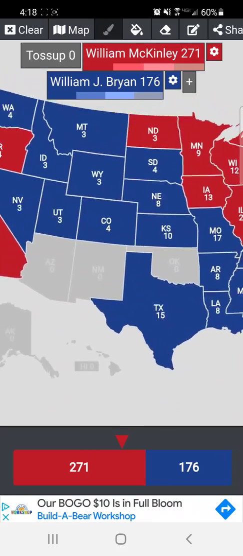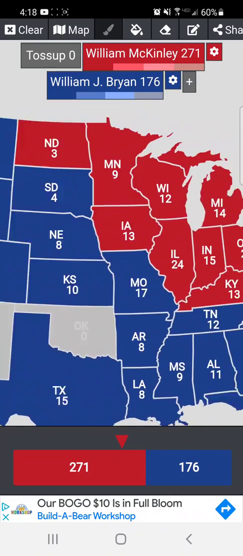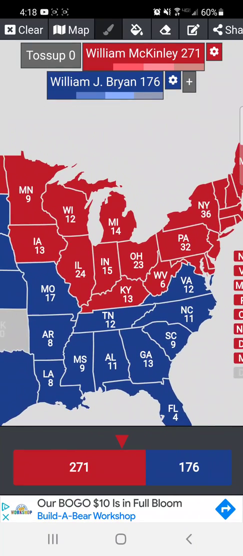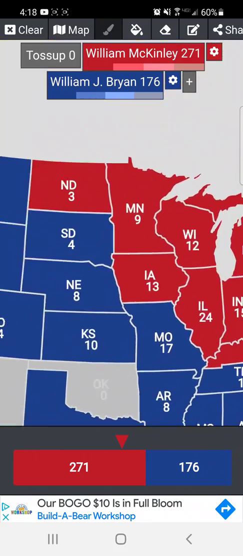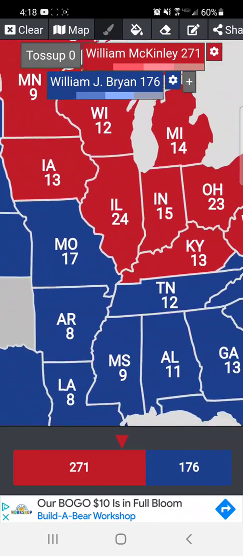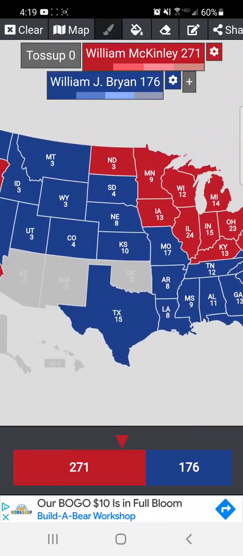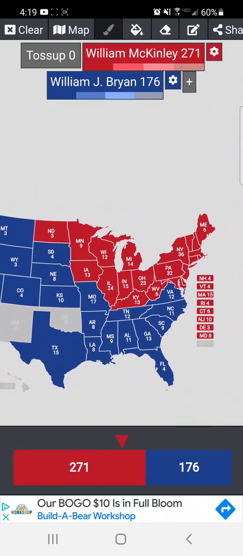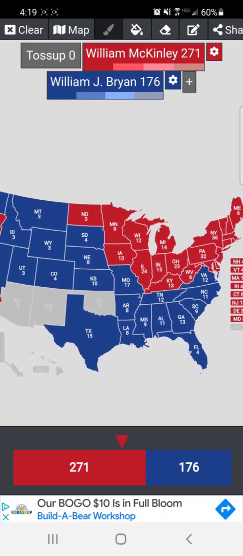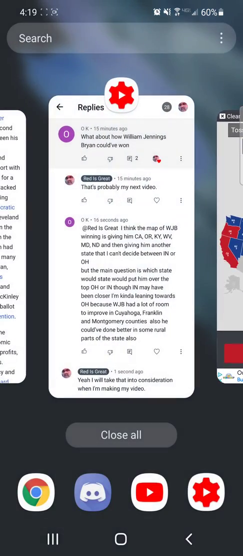That's because even though he won the South and the farm states, just look at the sheer amount of electoral votes right here. 36 in New York, 32 in Pennsylvania, 15 in Indiana, 13 in Iowa, 17 in Missouri, 13 in Georgia, 4 in Florida, Texas is 15, California is 9. So, you can kind of see the sharp contrast in just electoral votes. So, let's go ahead and do some reading, shall we?